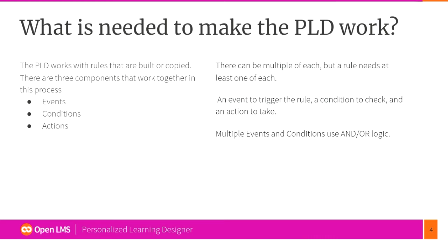With the events, these are triggering items for PLD rules. As you can see here on the right-hand side, you can have one or more events, and you can choose whether you want the student to meet all of the events or just one event.